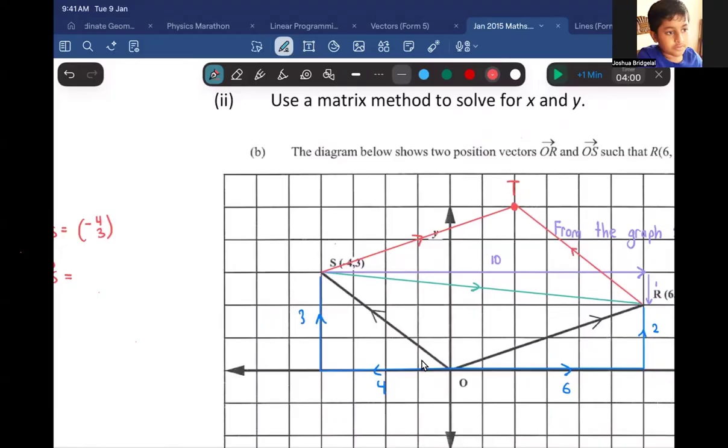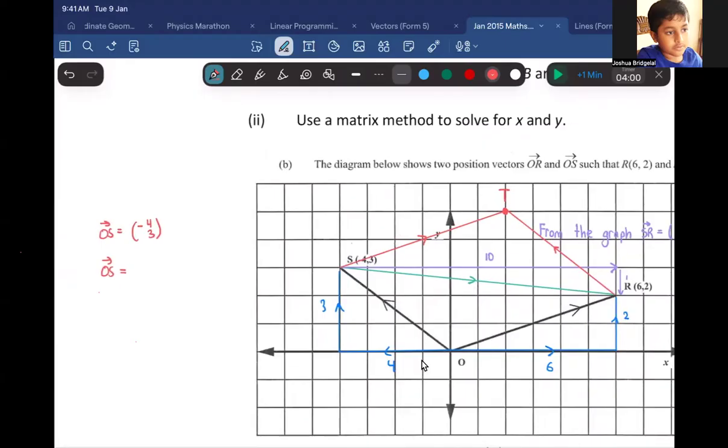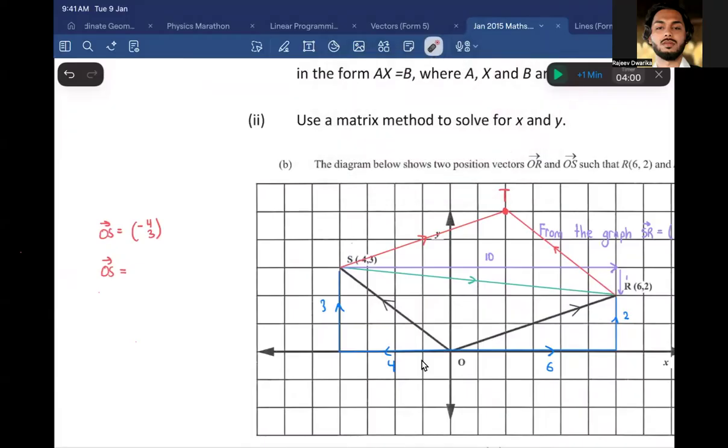Vector OS equals -4, 3. Oh, wait. You told me the correct thing a little while back. So if it's a parallelogram, then vector O to S should be equal to what other vector?